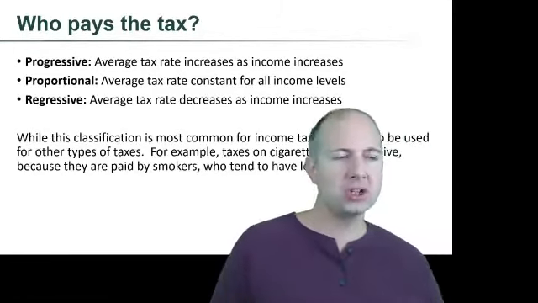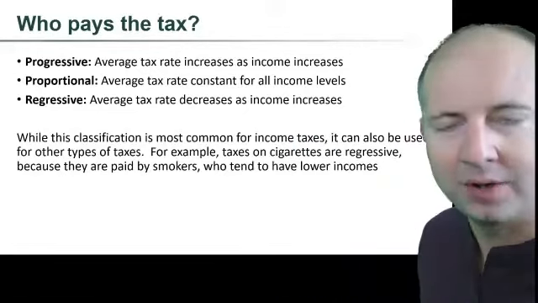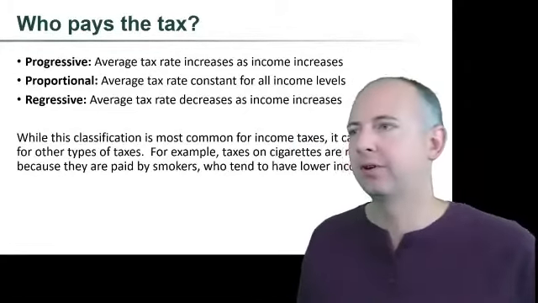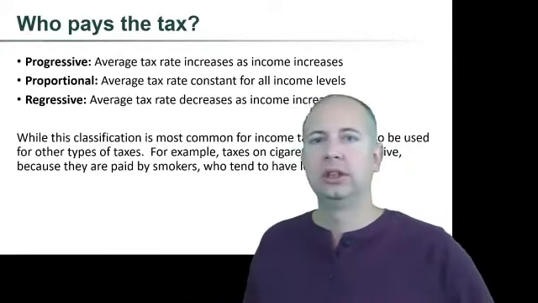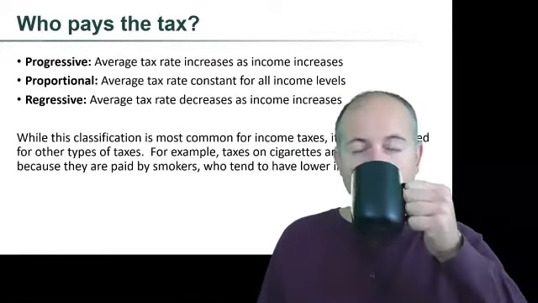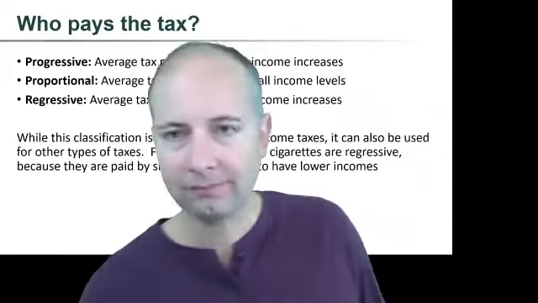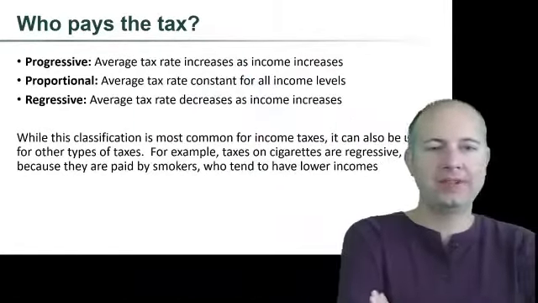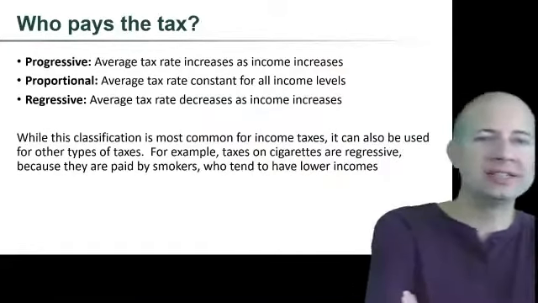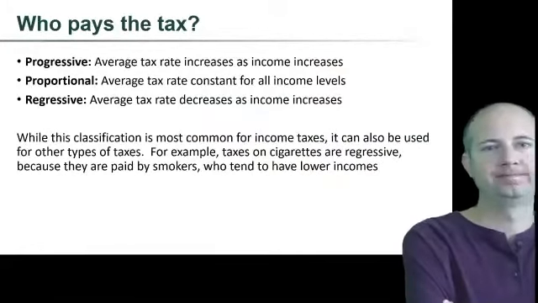A proportional tax is one where the average tax rate is constant for all income levels. And a regressive tax is one where the tax rate decreases as income increases.